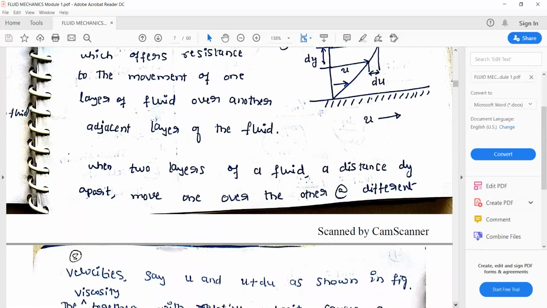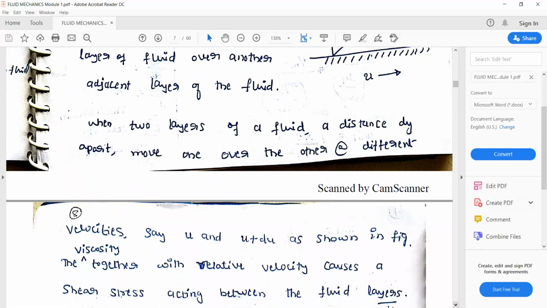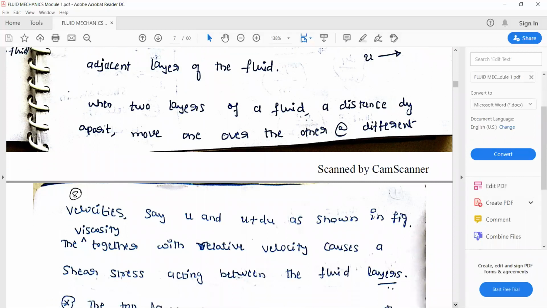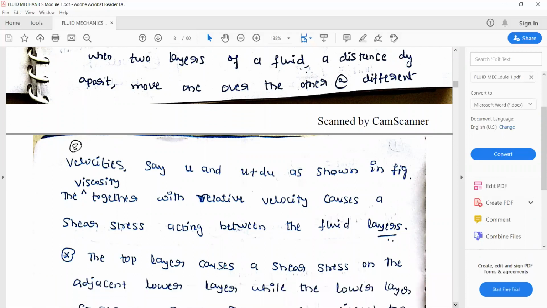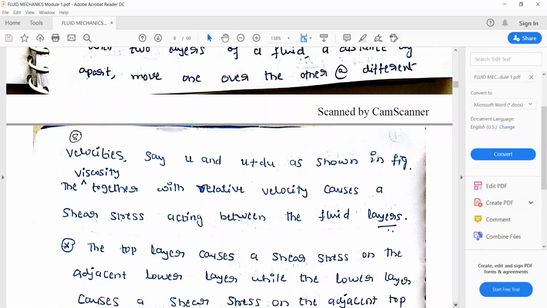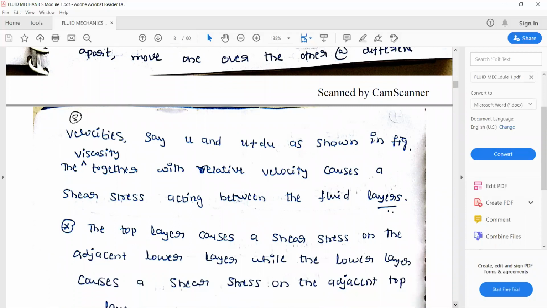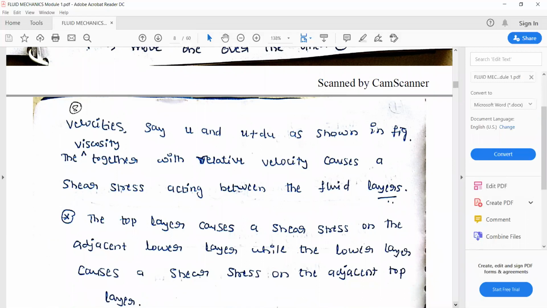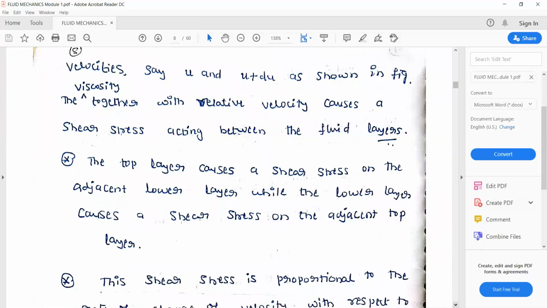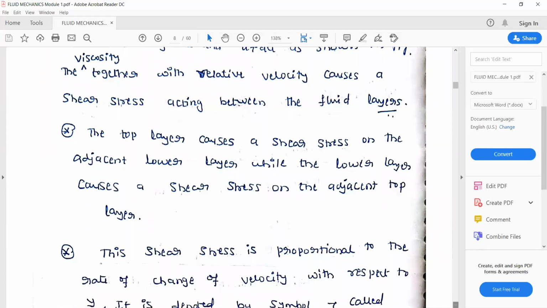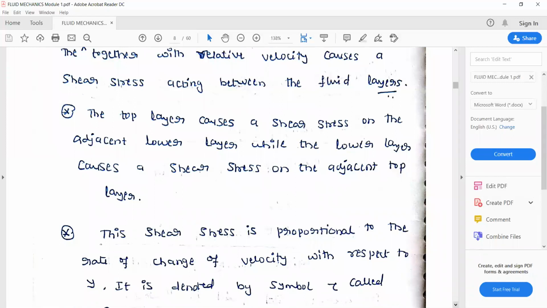The viscosity together with relative velocity, which means the difference in velocity between u and u plus du, causes a shear stress acting between the fluid layers. The top layer causes a shear stress on the adjacent lower layer, while the lower layer causes a shear stress on the adjacent top layer. Why? Because the top layer will try to move in the forward direction, and the bottom layer will try to pull the second layer in the opposite direction. Because of this, there is a shear stress.